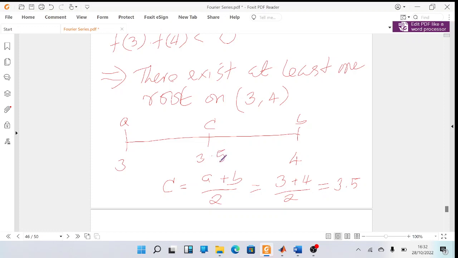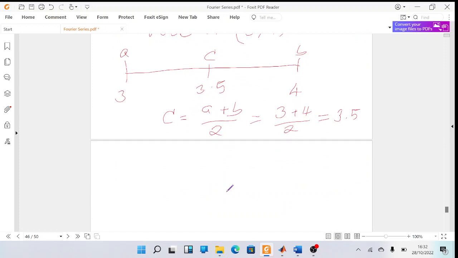So the problem now is to apply the intermediate value property to check whether the root lies between A and C or between C and B. So in this case, we see that we had obtained f of A, which is equal to f of 3, and the value was negative 1.915.